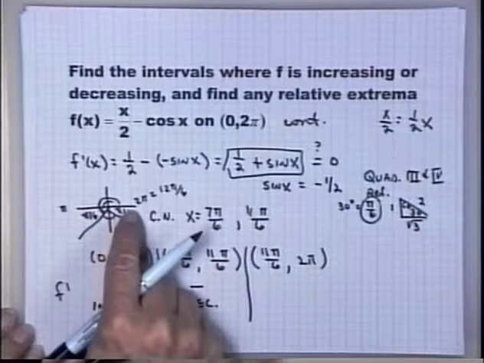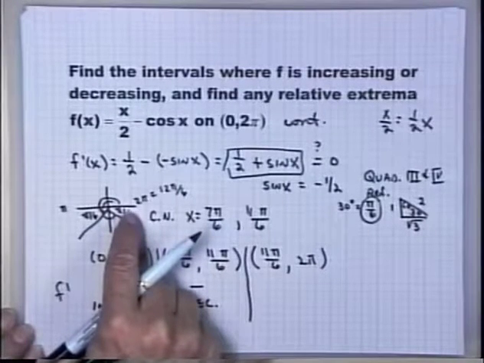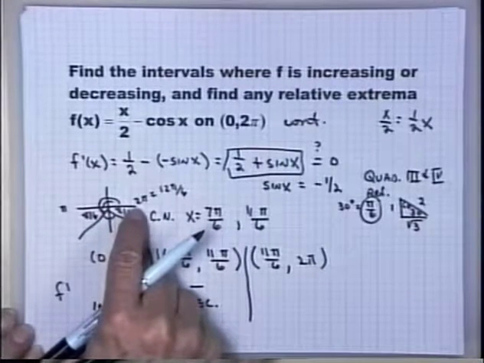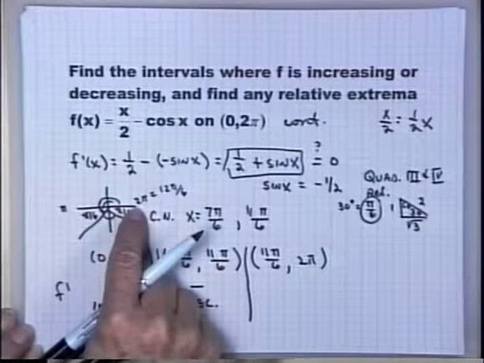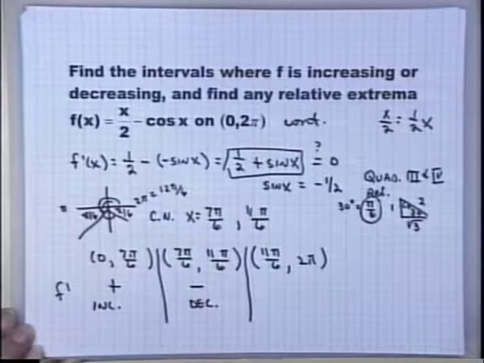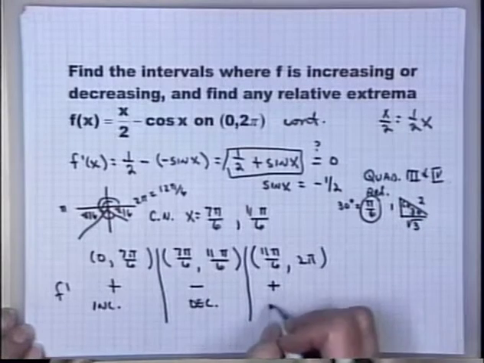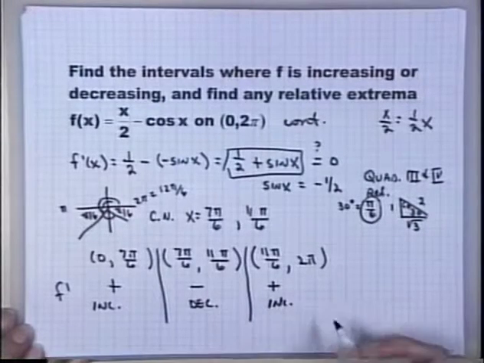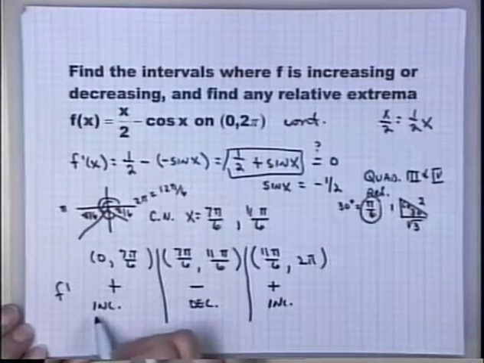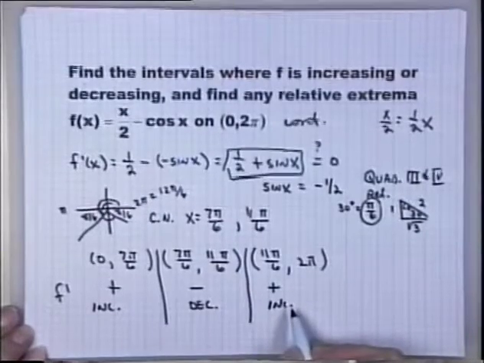Remember, pi over 6 is like 30 degrees, so we're just 30 degrees below. So if we drop 15 degrees below or something like that, we can get the value there. So if we do that value and put it in, we're going to get a positive, and we are increasing again. So I go from increasing to decreasing to increasing.